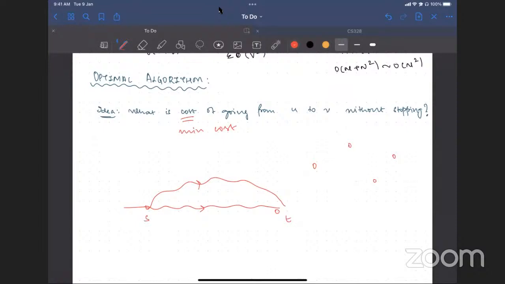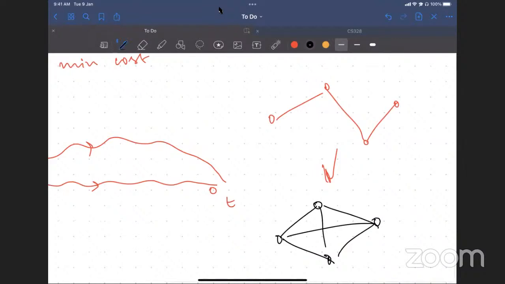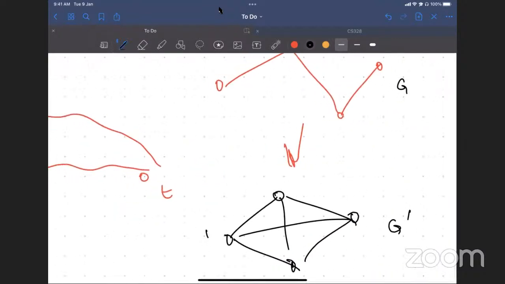So in my old graph, I only have these edges, right? But in my new graph, I'll have all the possible edges, right? So this is G that is given to me, and this is G dash. These are still the same vertices.